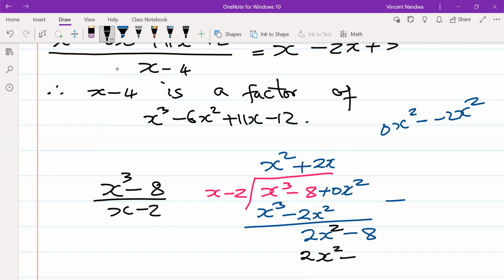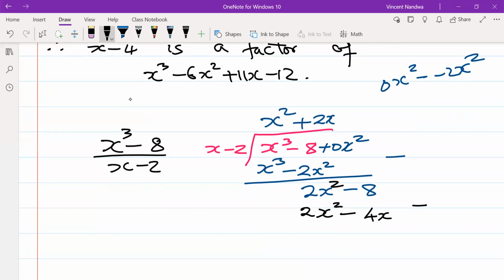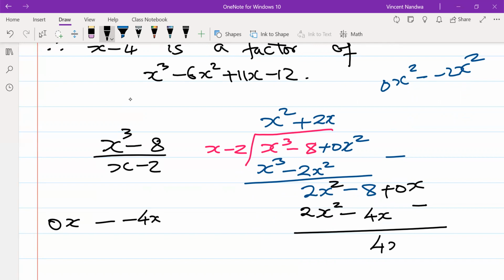Minus 4x. So then you also subtract, okay? We don't have an x term here, but you can always add it there. So what is 0x minus minus 4x? Plus 4x. Then you bring down minus 8.